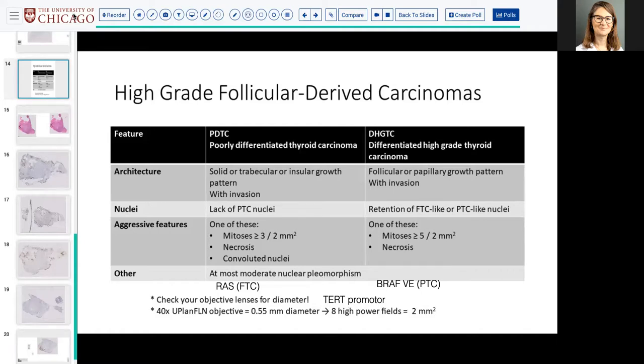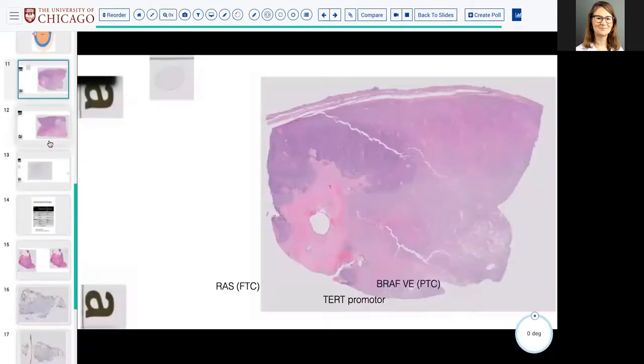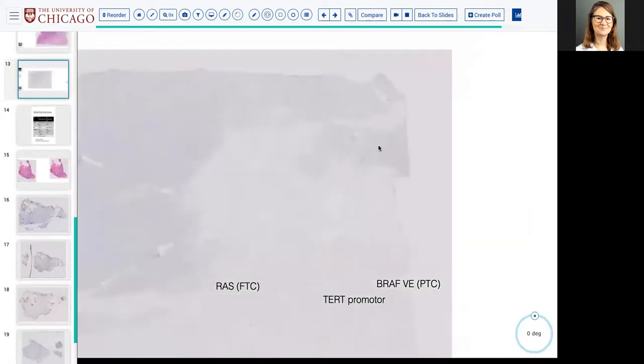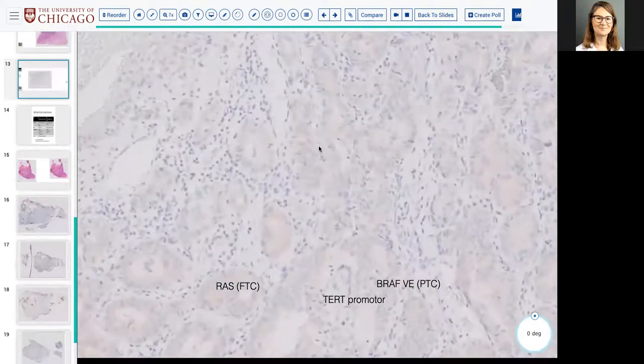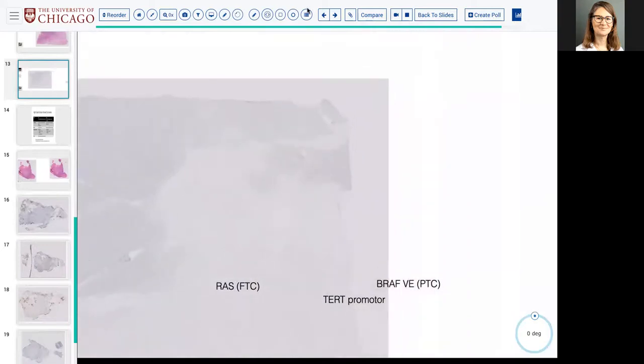So as I may have mentioned to you before, this true Turin poorly diff had RAS and TERT. This was an older case, so it did not actually have molecular testing done. We know by the immunostain that it has BRAF. I don't know whether it also has TERT, but those are just things to keep in mind.